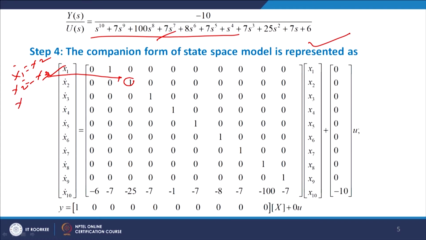Then x3 dot equal to x4, so you see here 1 is corresponding to x4. Similarly, if you go for x9 dot equal to x10, you will find 0 0 0 0 1, and this 1 corresponds to x10.